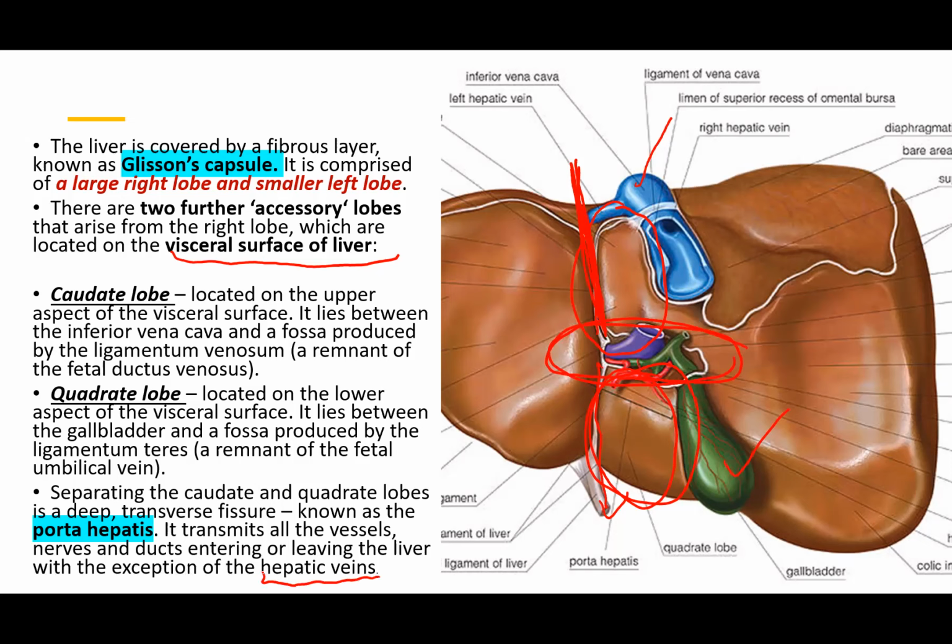So how do the hepatic veins leave the liver? They drain to enter the inferior vena cava. We shall see that. So don't forget, structures enter and leave the liver through the porta hepatis, except the hepatic veins.